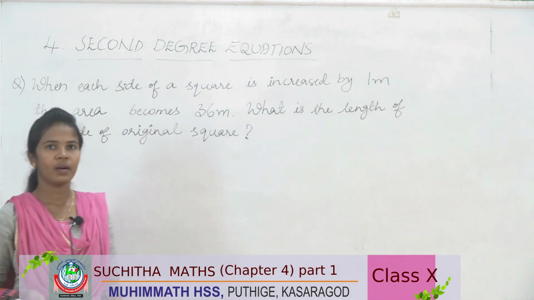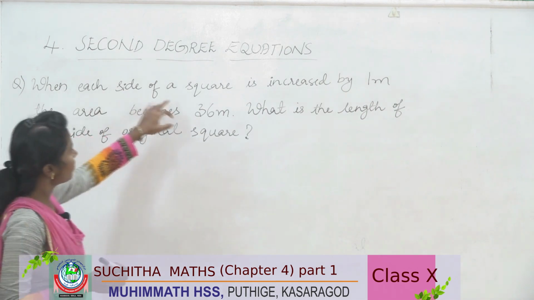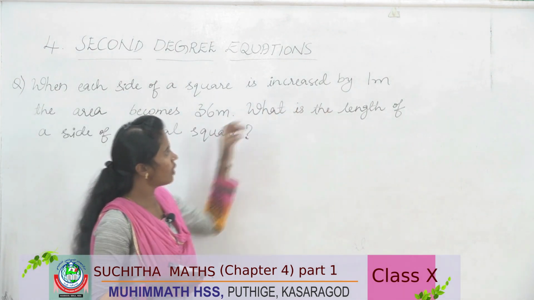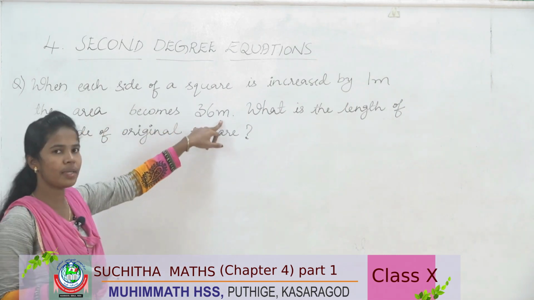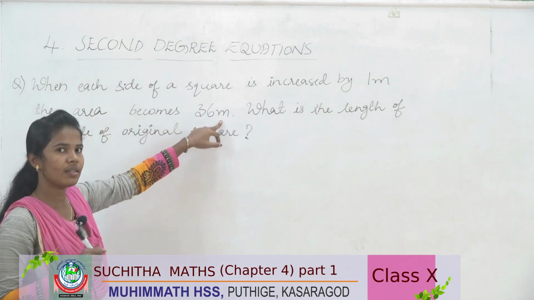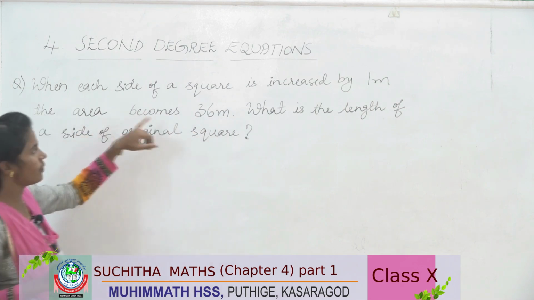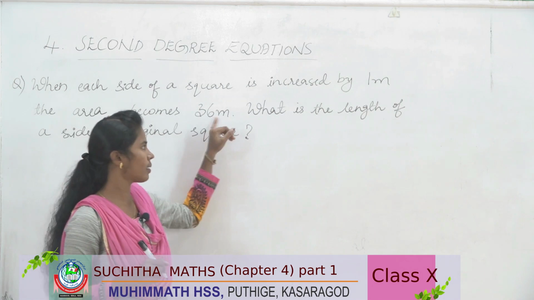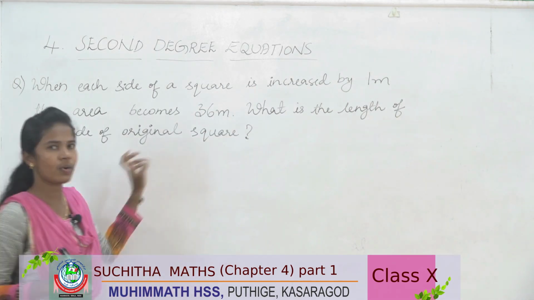Okay. Now listen to the second question. When each side of a square is increased by 1 meter, the area becomes 36 square meter. In the first question, perimeter is 36. Then here the area of the square is 36. What is the length of a side of the original square?